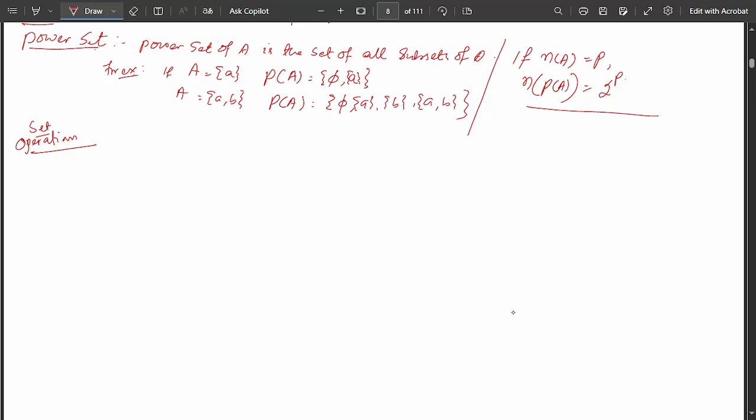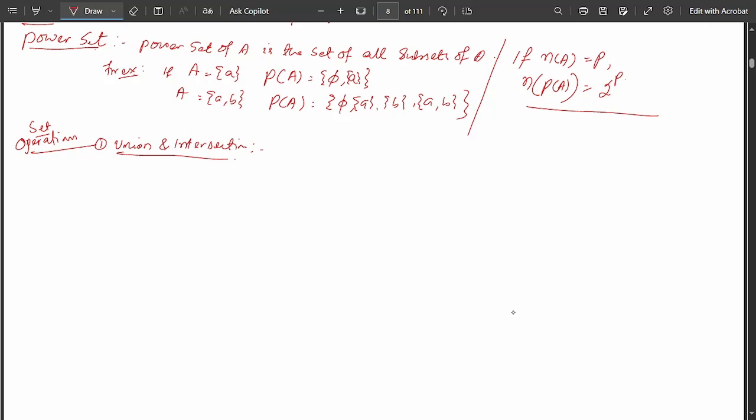So the first set operations are union and intersection. Union means the collection of elements of two sets.